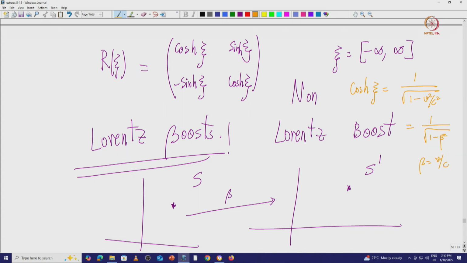Whereas sinh xi is beta gamma, which is v by root of 1 minus v square by c square. So these are the definitions of cosh xi and sinh xi, and this is exactly like a boost.